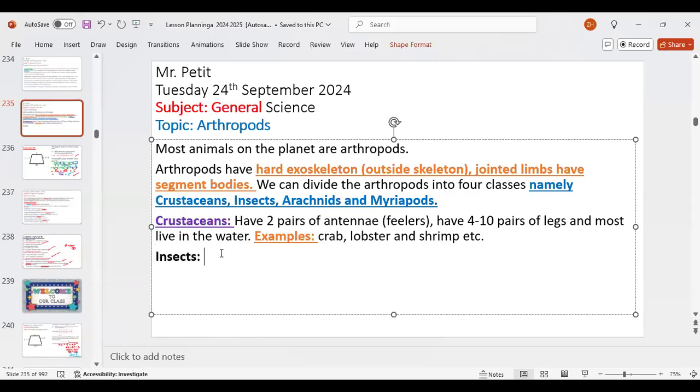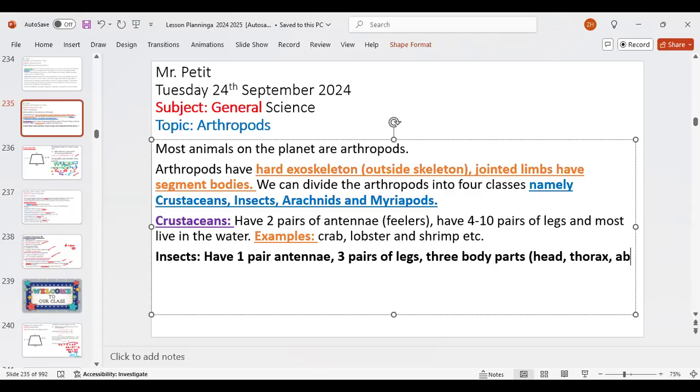Now insects, they have one pair of antennae. Now we don't like our insects, or some people don't like insects like that. 3 pairs of legs. They have 3 body parts, which are the head, the thorax, and the what?